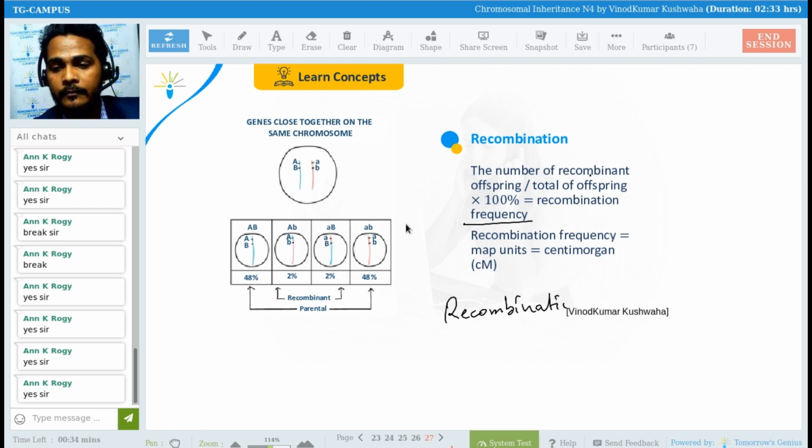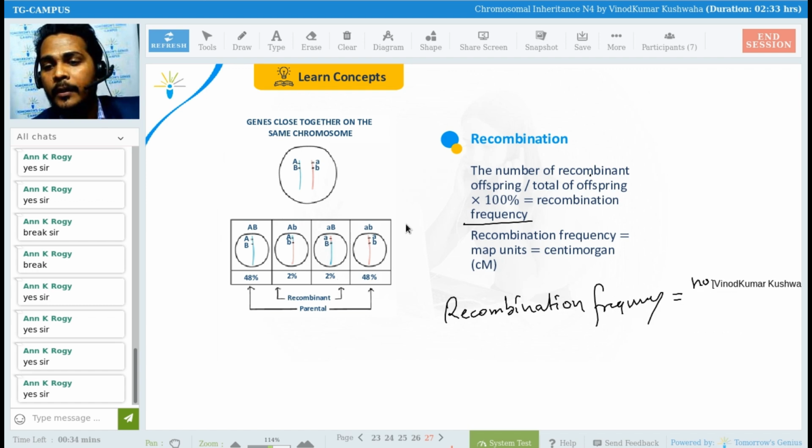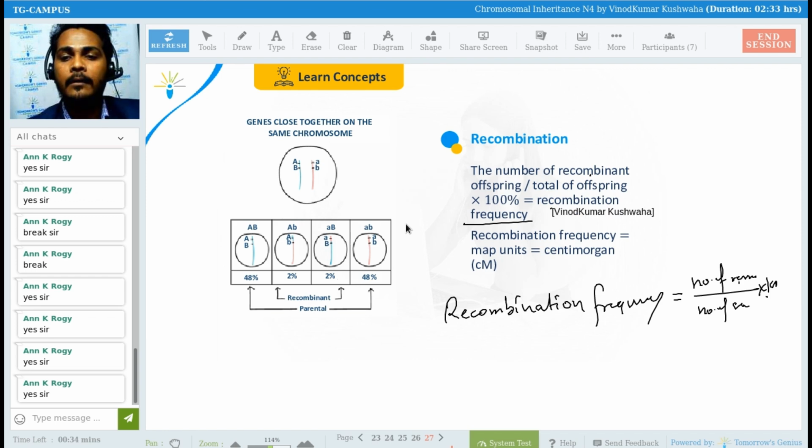Recombination frequency is equal to the number of recombinants upon the total number of offspring, multiplied by 100, as we studied previously. This is the simple formula. Recombination frequency equals the number of recombinants upon the total number of progeny or offspring, multiplied by 100. You will get the recombination frequency, right?